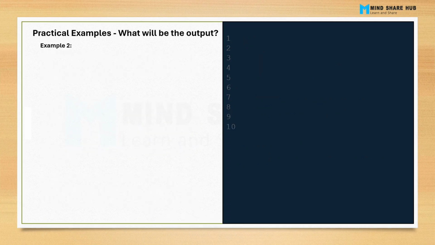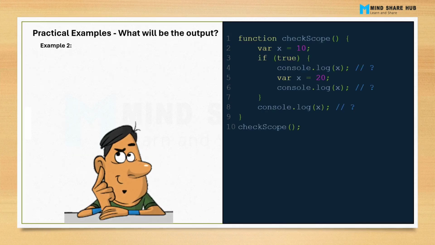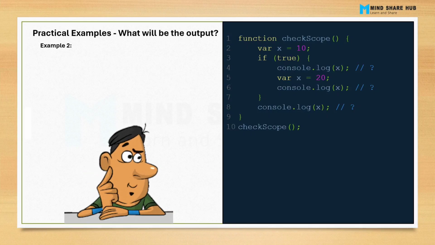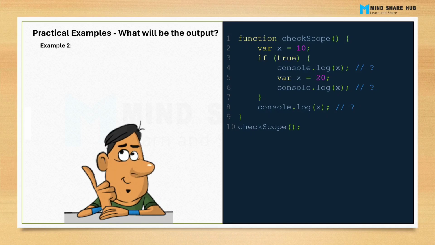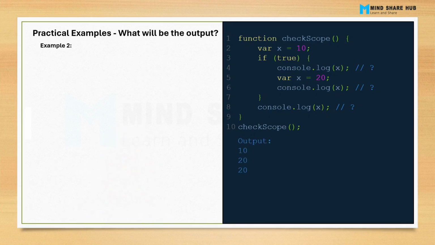Example 2. The var keyword is function-scoped and does not respect block-level scope.